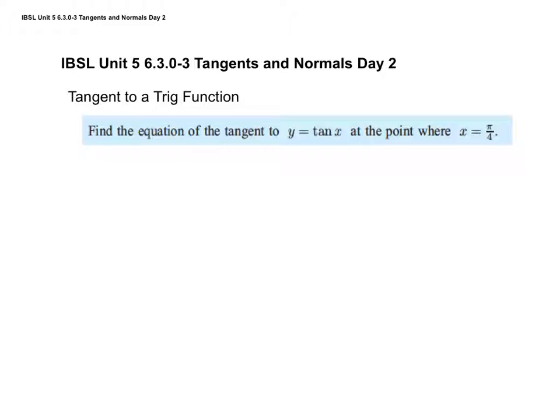So, if I want the equation of the tangent line, I need the slope of the tangent line first. I also need the point, pi over 4, something. What is that something, by the way? What's tangent of pi over 4?